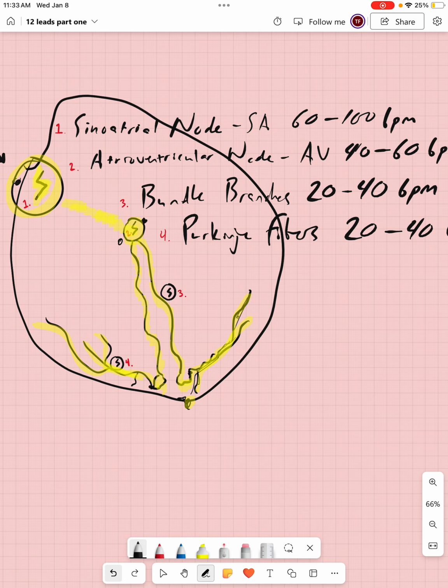Now, that does not mean that if you have a heart rate of 120, okay, my heart rate's above 100, I'm outside of that normal range, is it still initiating from the SA node? Yes. The SA node is capable of producing electrical impulses at slower and faster rates.